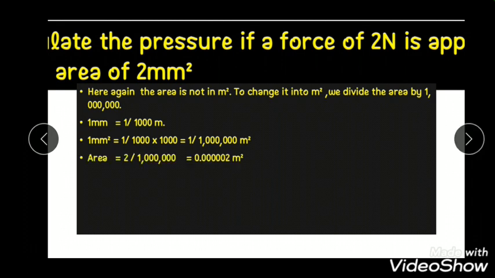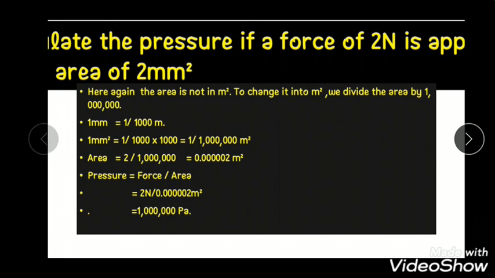Area is 2 divided by 1 lakh, that is 0.000002 meter square. Pressure is equal to force divided by area, that is 2 Newton divided by 0.000002 meter square, that is 1 lakh Pascal.